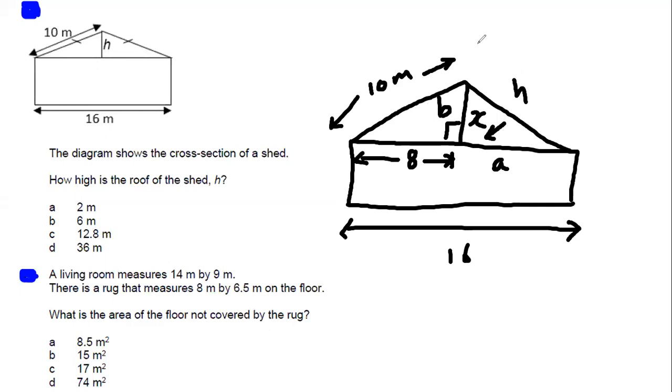Pythagoras theorem states that the sum of the squares of the two short sides is equal to the square of the longest side. So A and B are the two short sides, and C is the long side. By the way, what is the name of the longest side? What is it called? It starts with an H.